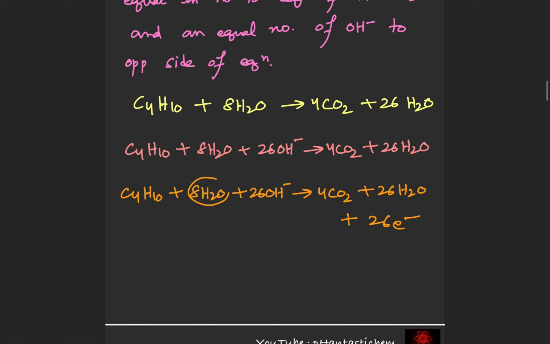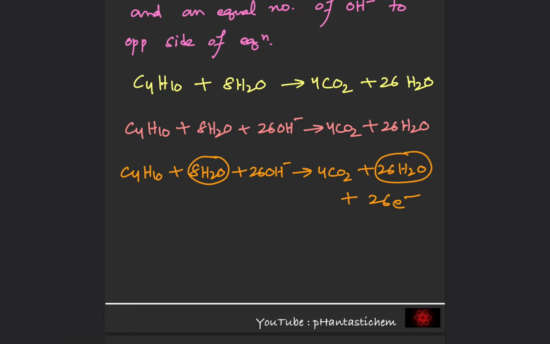You can minimize it further, 8H2O and 26H2O. So remaining we have C4H10 plus 26OH minus giving us 4CO2 plus 18H2O plus 26 electrons, right?